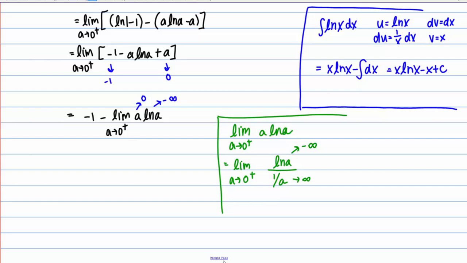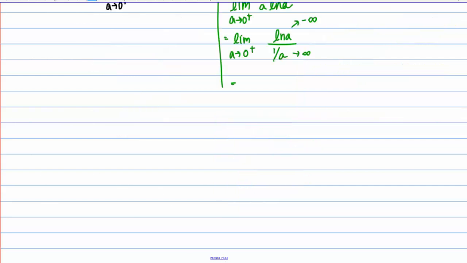The way I use that rule is by taking the derivative of the top of my fraction and the bottom of my fraction separately, and then I can say those limits are equivalent. If I take the derivative of the natural log of a with respect to a, I get 1 over a. If I take the derivative of 1 over a, I get negative 1 over a squared.